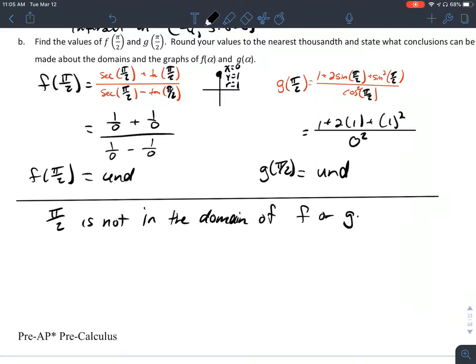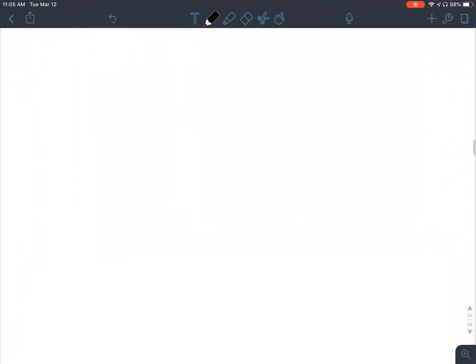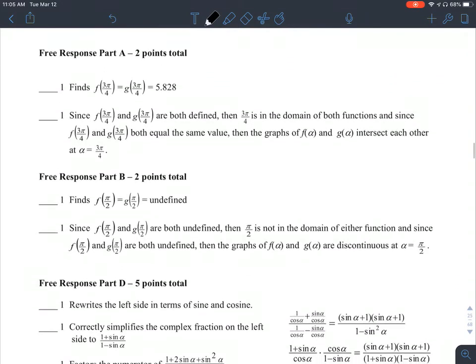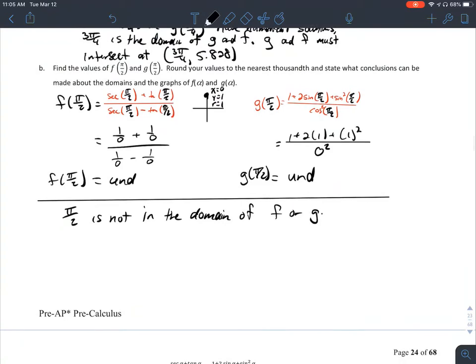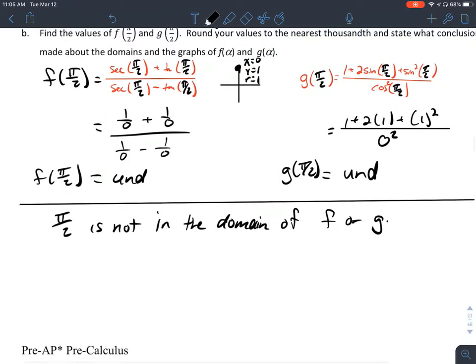We can say that there are vertical asymptotes here. I think that's what we're going to say. I guess we don't know that for sure. We could say that the graphs of f and g are discontinuous.